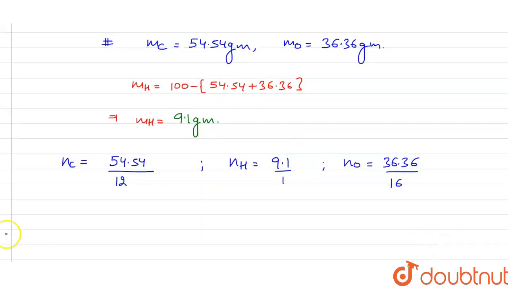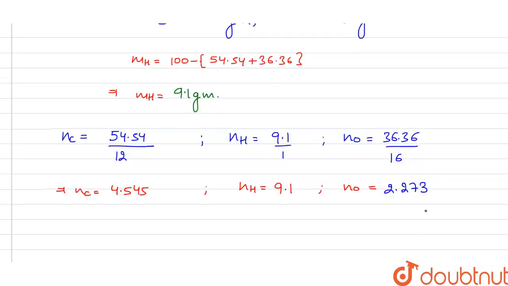So the number of moles of carbon is 4.545, of hydrogen is 9.1, and of oxygen is 2.273.